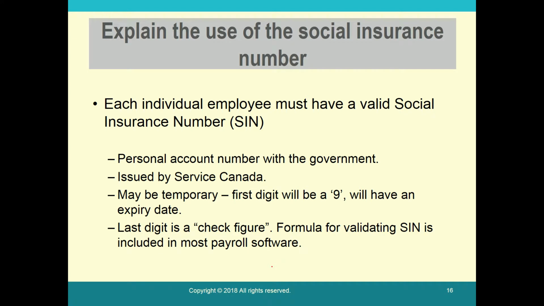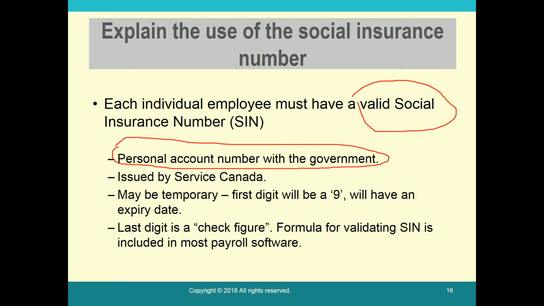Now, we briefly touch base on the use of a social insurance number. Each individual employee must have a valid social insurance number. It is very important. It is a personal account number with the government; this is the account with which all the databases of people are controlled.